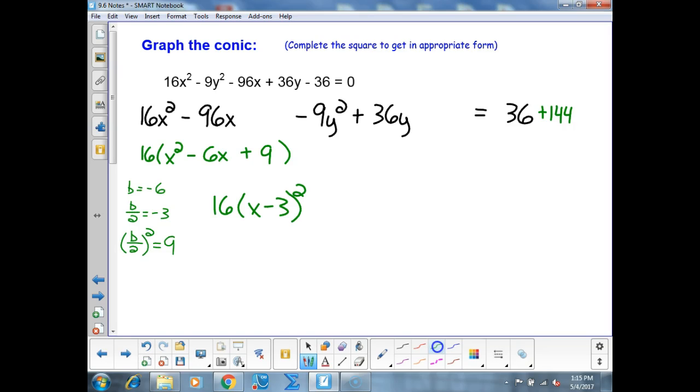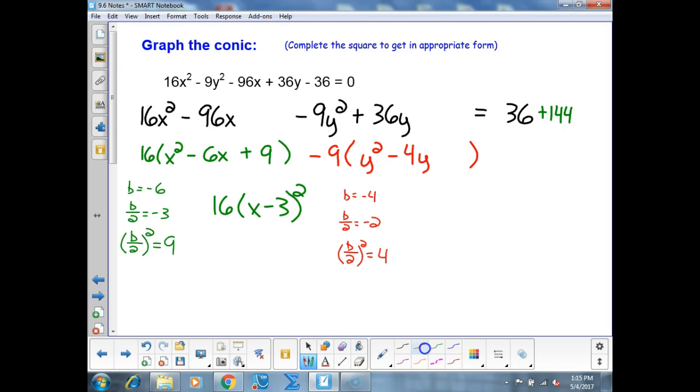Okay. Then I would go to my y's. I would factor out a negative 9, which leaves me with y squared minus 4y, and then my blank. Now my red b is negative 4. My red b over 2 is negative 2. And my red b over 2 squared is positive 4.